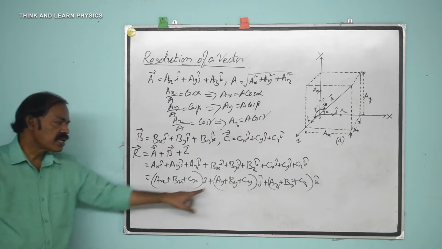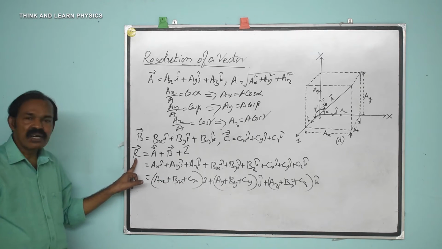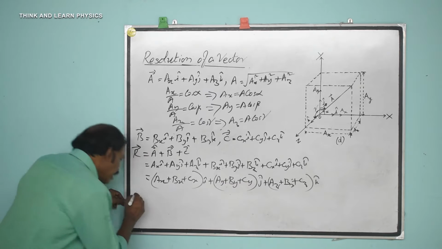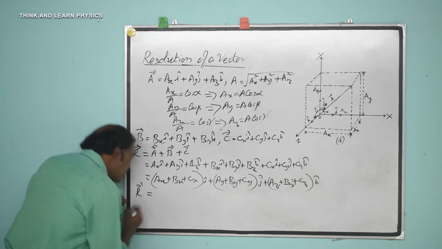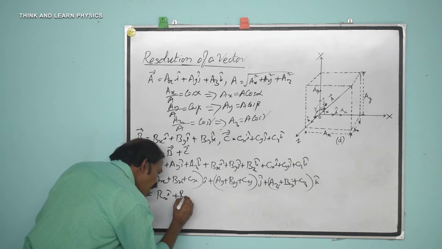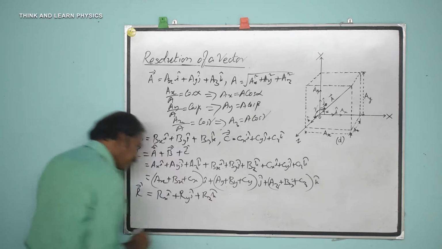This can be compared with the resolved expression of R vector. We can resolve R vector like this: R vector equals Rx into i cap plus Ry into j cap plus Rz into k cap.